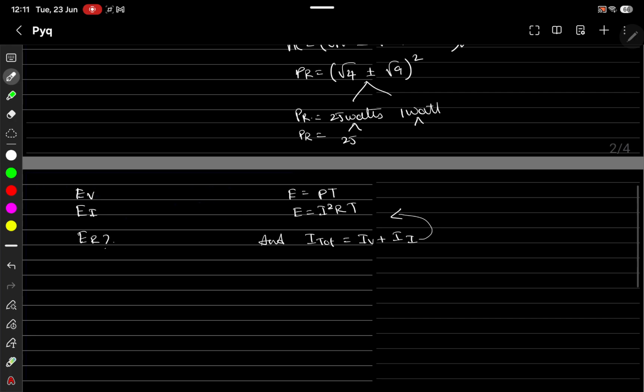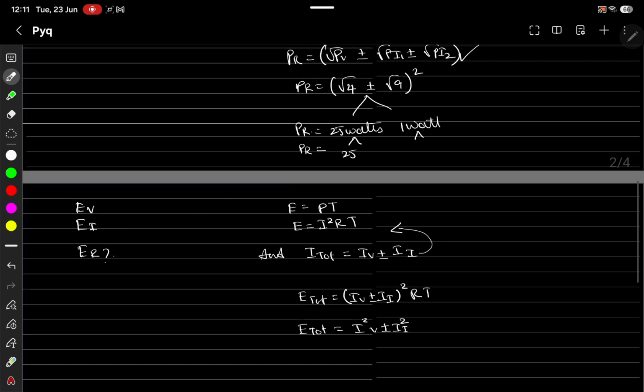Substitute this in here. So E total is equal to (IV ± II) whole square into R into T. Expand this and multiply RT also inside: IV² RT plus or minus II² RT plus or minus 2 IV II RT.